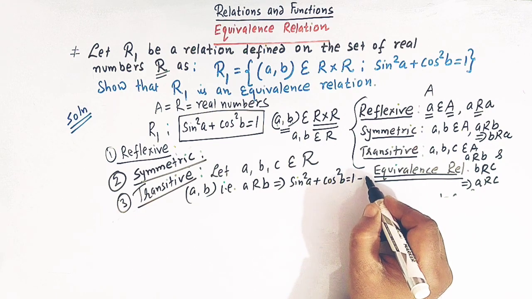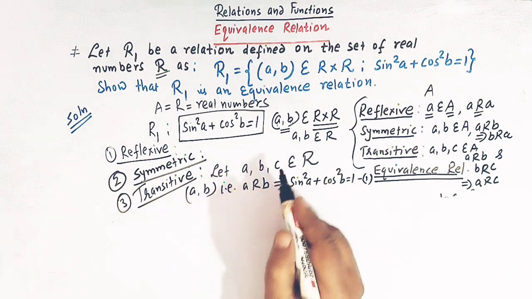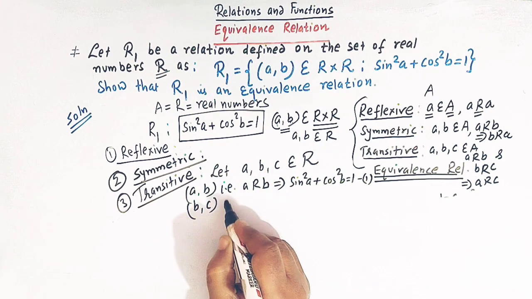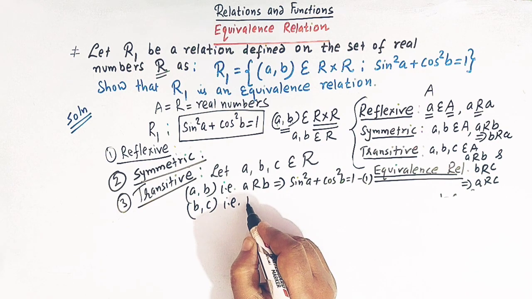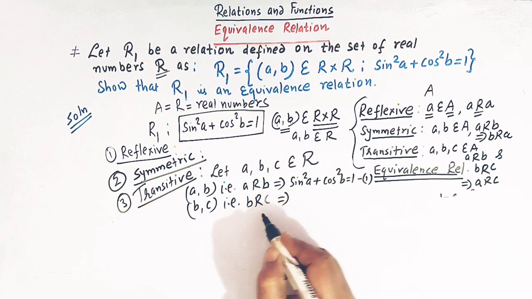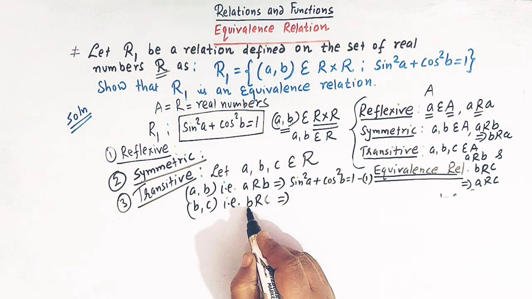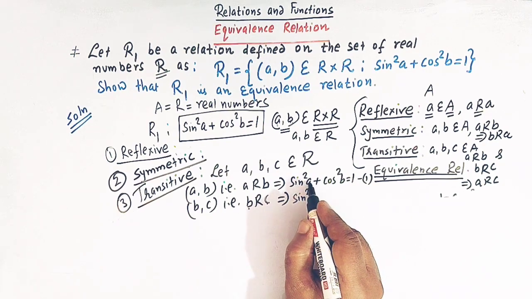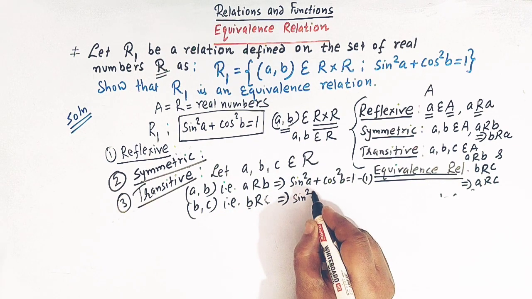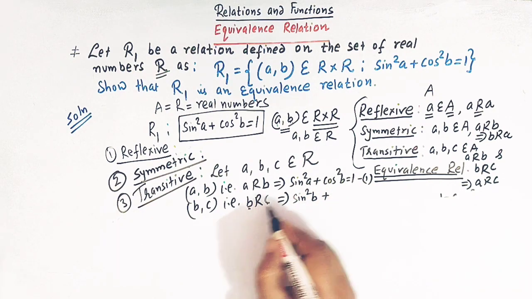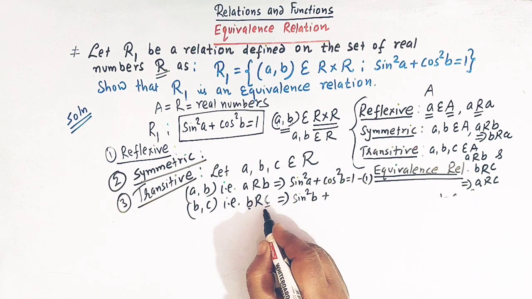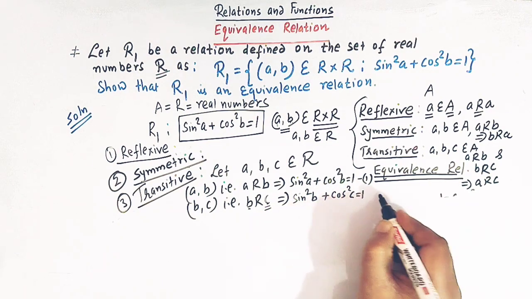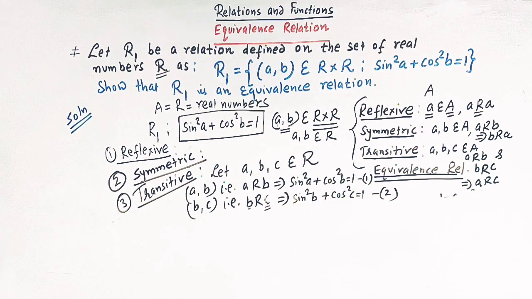So we can take this as equation number 1. Now let us take the ordered pair B comma C. It means B is related to C, right? So when B is related to C, from this relation we have sine square A, where A is now B, so we have B here. Then we have cos square B, where B is now C, so we have cos square C is equal to 1. So this is equation number 2, right?